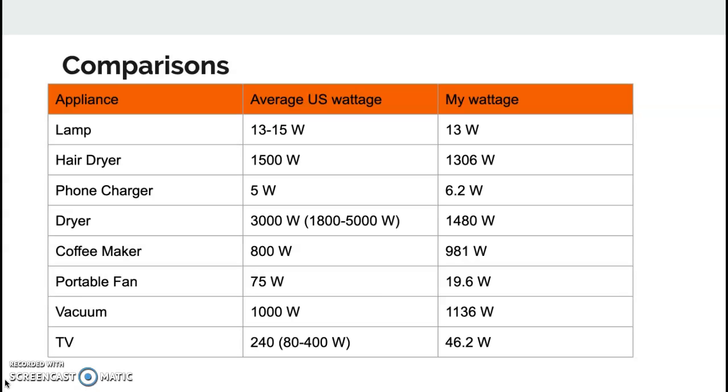And for my TV, my wattage was also very low because I recorded 46.2 watts, while the average US wattage was 240 or a range of 80 to 400 watts. And I also attribute that to my TV being very old and very small.